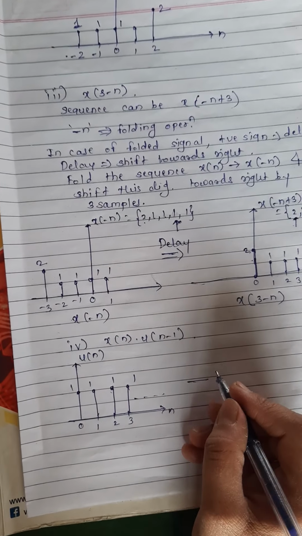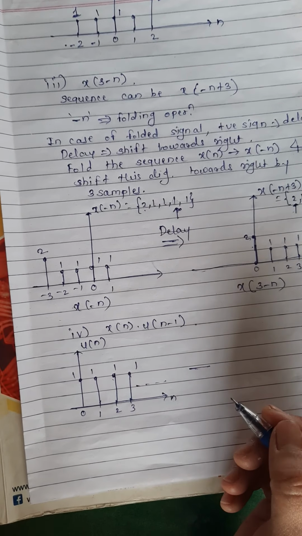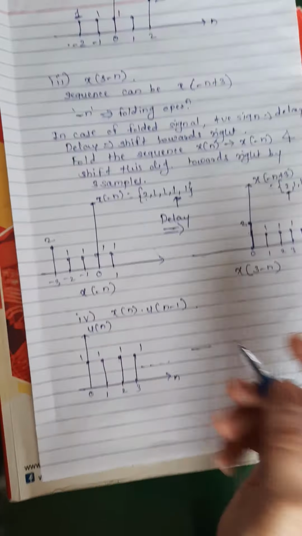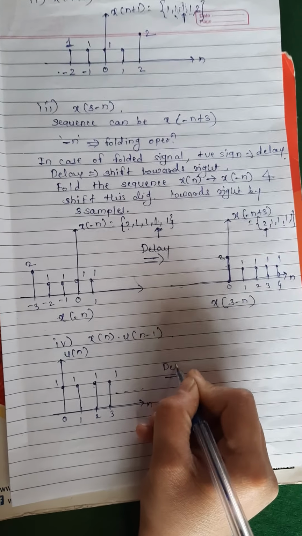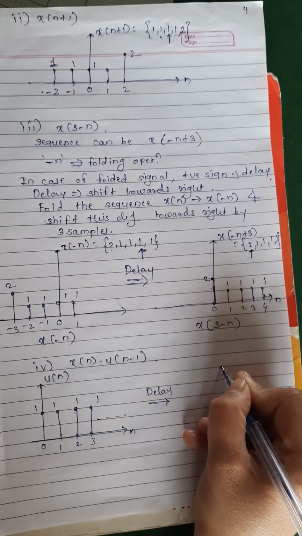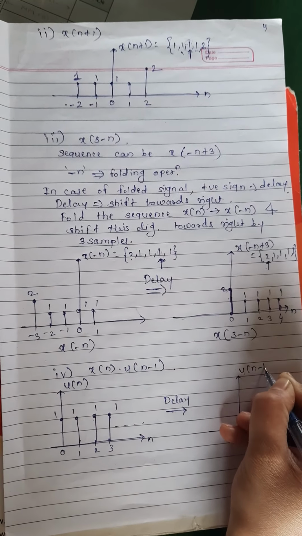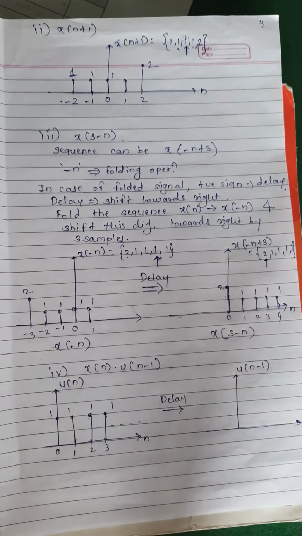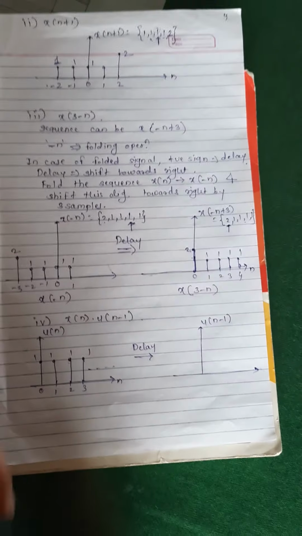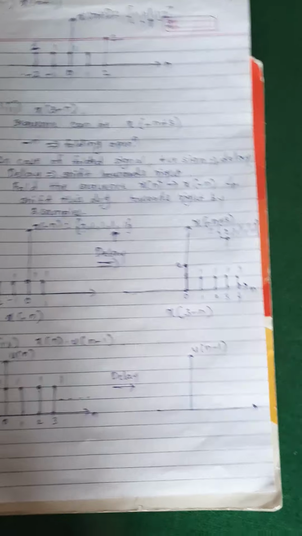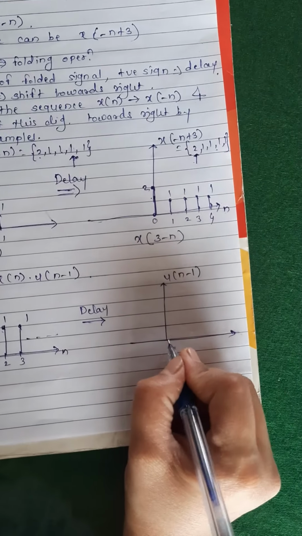Now we have to apply the delay signal. So it is u of n minus 1. If u of n minus 1, it means we have to shift the signal by one sample.